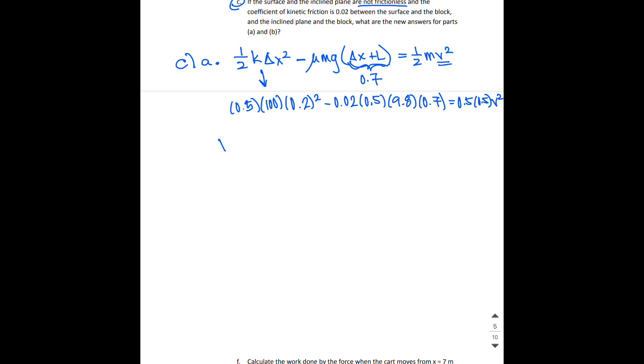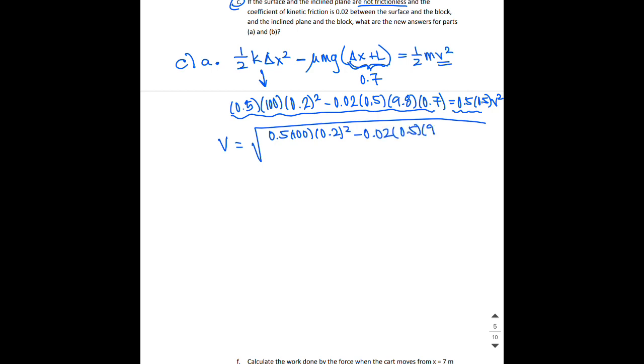So I'm going to take velocity equals the square root of this whole thing divided by this, which is 0.25. And you can go ahead and plug that into your calculator. And I believe you should get an answer of 2.78, or something close to that value if you had a little bit of a different rounding.